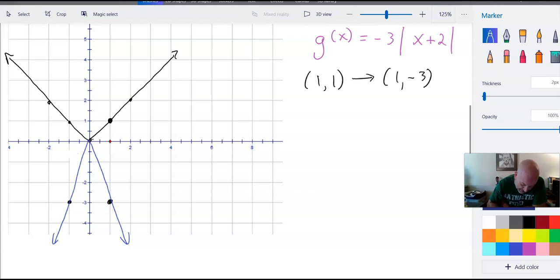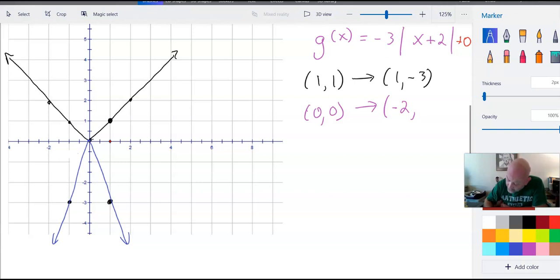Nonetheless, we have the shape of this thing. Now all we have to do is see where it moves to, right? So let's see what happens to (0, 0). The x value should be at -2, and there's no y value hanging out back there. One of the things that you want to remember is if it's not written, it's a 0, right?